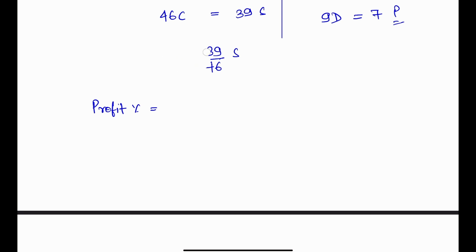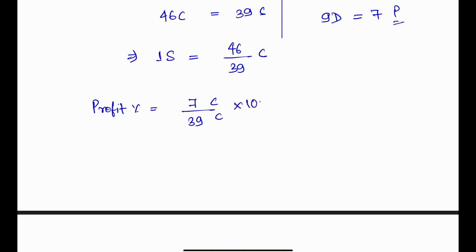Okay, so let's make it a little bit easy. Selling price of 1 will be becoming 46 upon 39 C. So selling price minus cost price is profit, so it will be 7 upon 39 C divided by C into 100. So this will be going away.